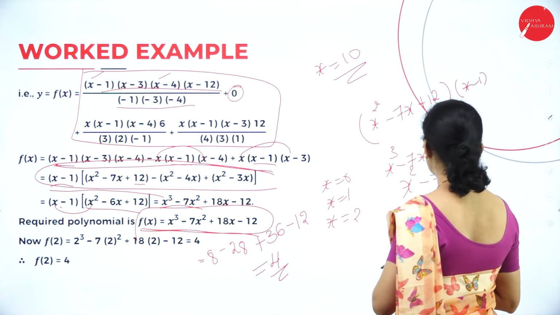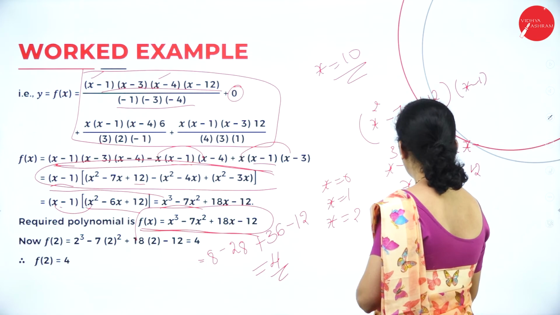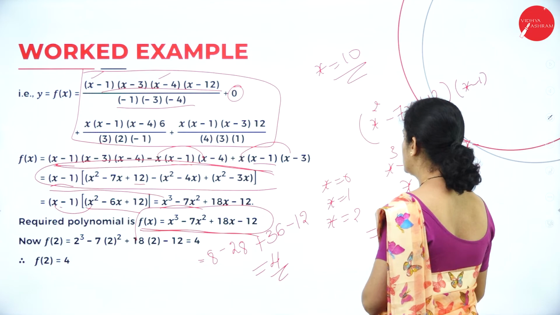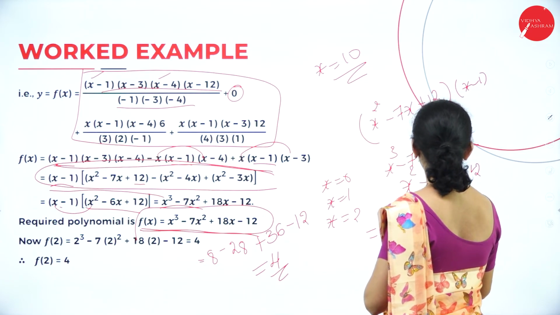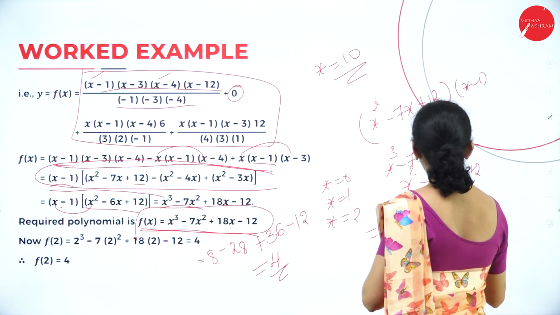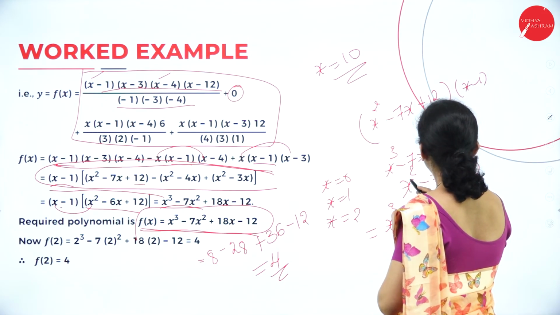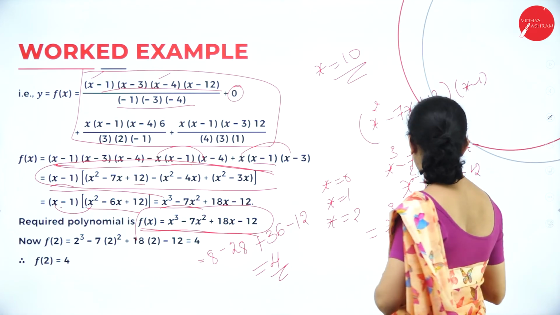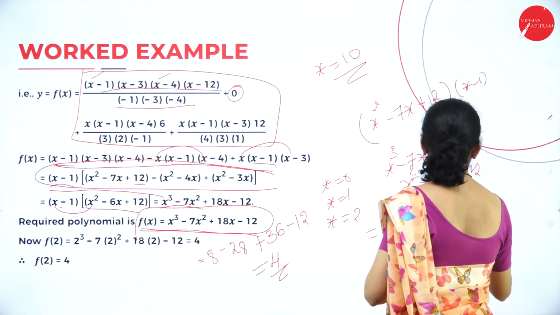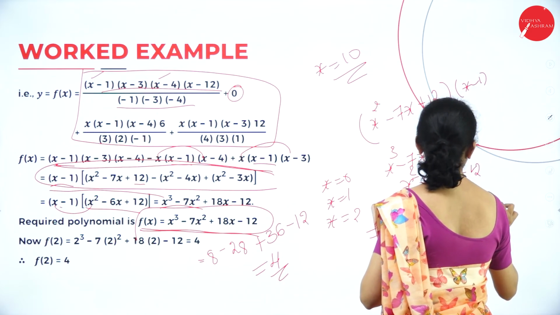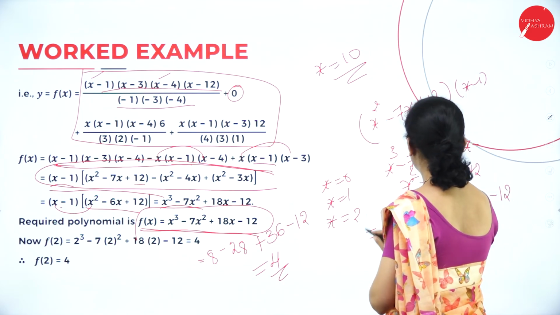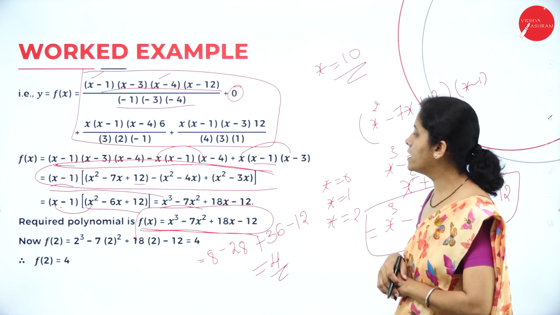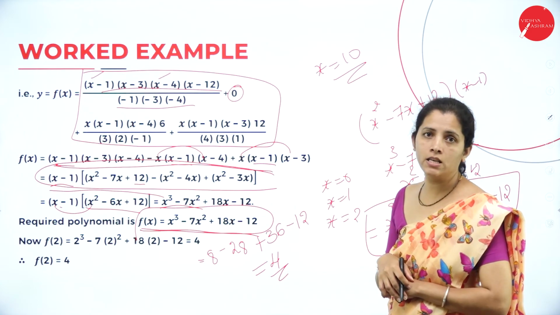After simplifying this one, I'll get x cube minus 7x square, then plus 7x plus 12x, that is plus 18x minus 12. So I'm going to get the answer x cube minus 7x square plus 18x minus 12.